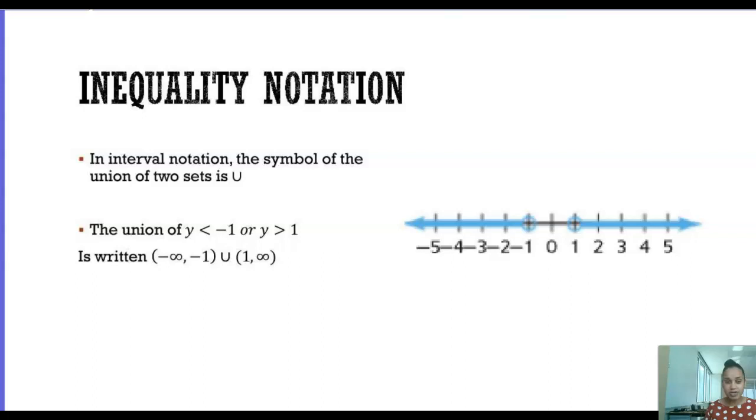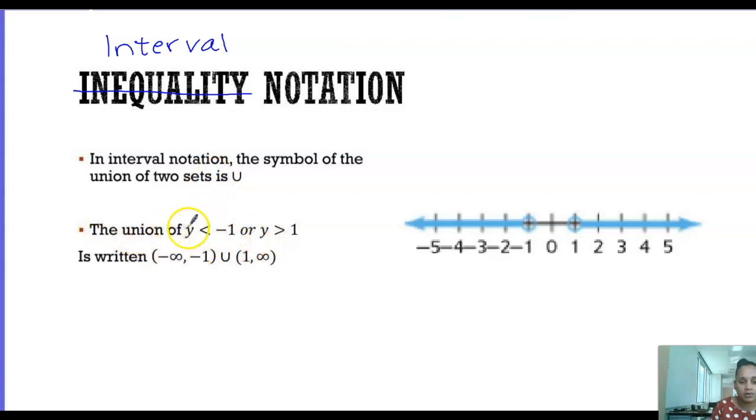So next we're going to talk about inequality notation. Sorry, this should be interval notation. Another thing with interval notation that you might see sometimes is that you have 2 parts of your inequality. If I have 2 parts, then to put them together we use this U symbol. That's called a union, U for union.